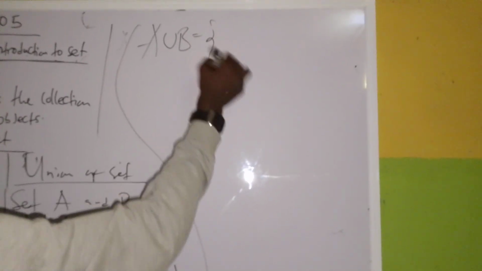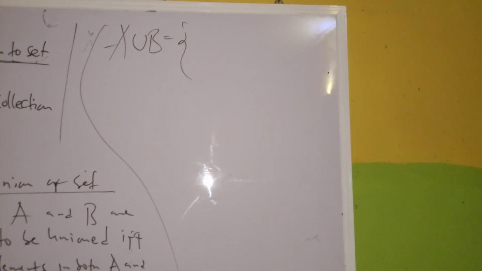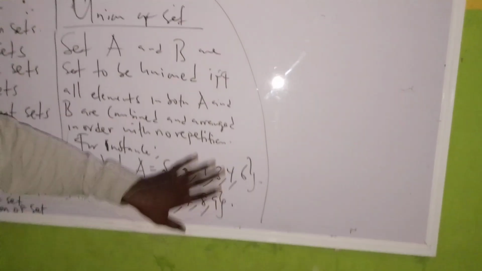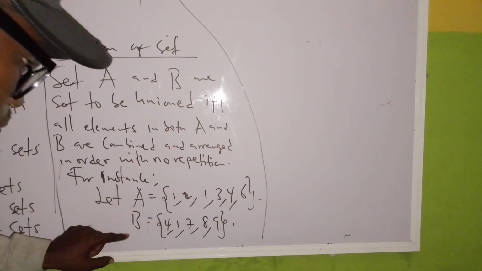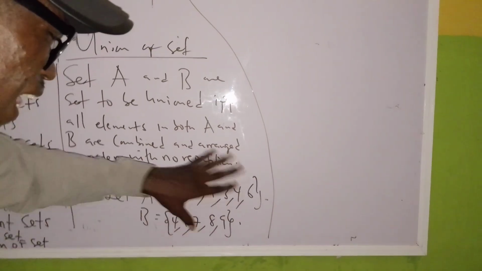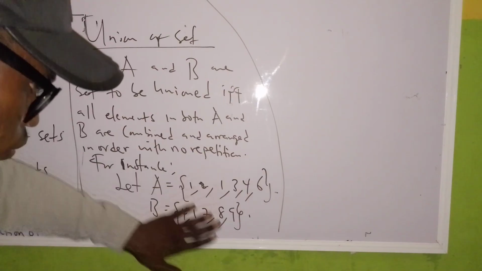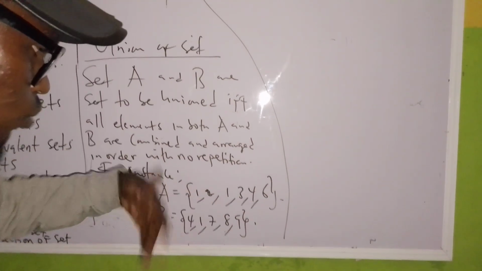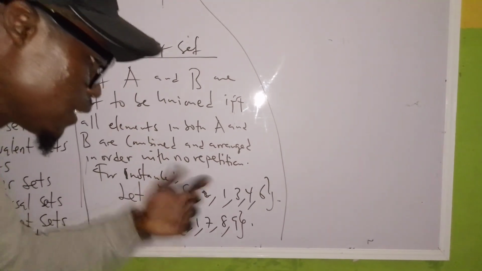Now we have our A union B. You can notice that some numbers repeat themselves between set A and set B. Across the whole of this, there's 1, 2, 3, 4, 6, 7, 8, 9.